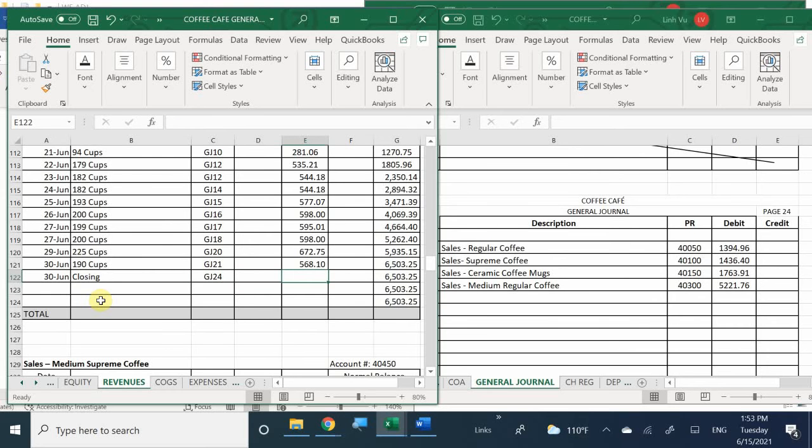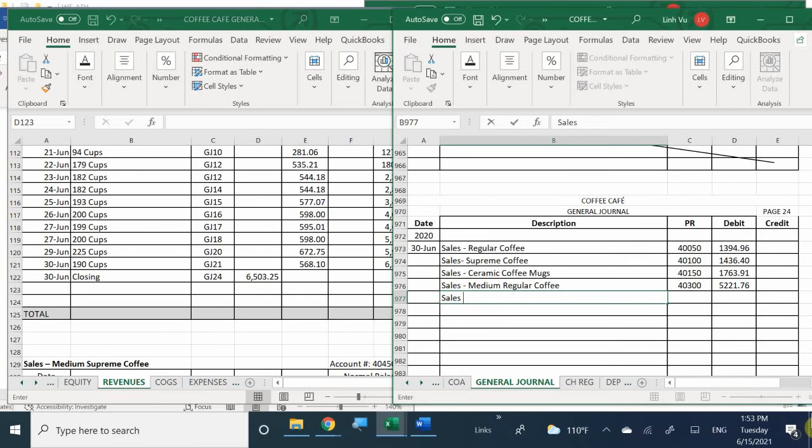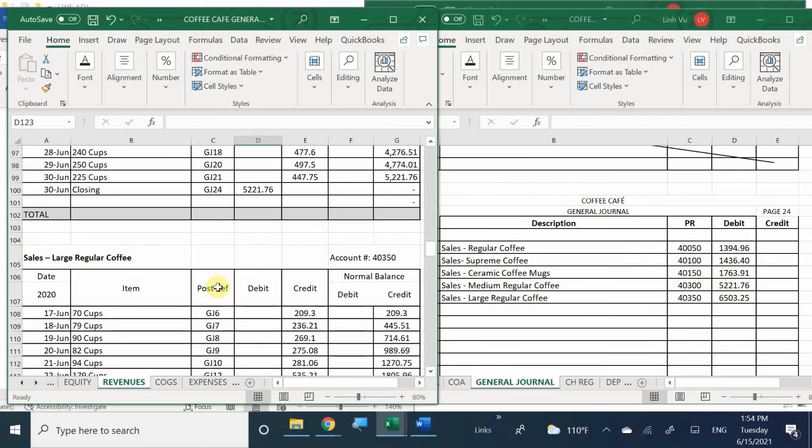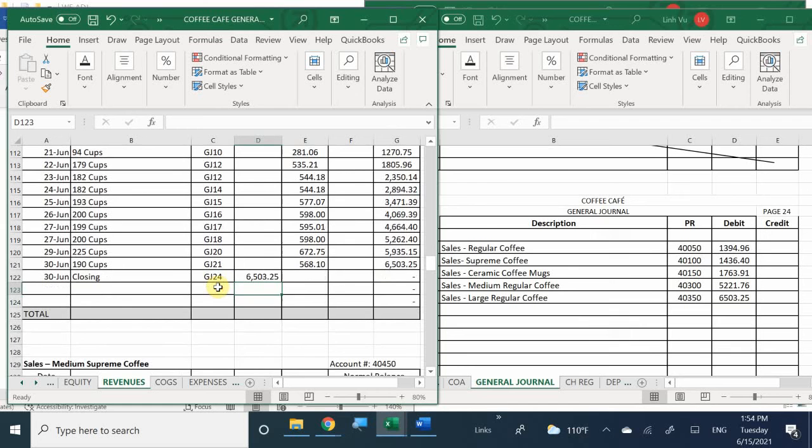What am I going to be debiting my account for? $6,503.25. Okay, $6,503.25.